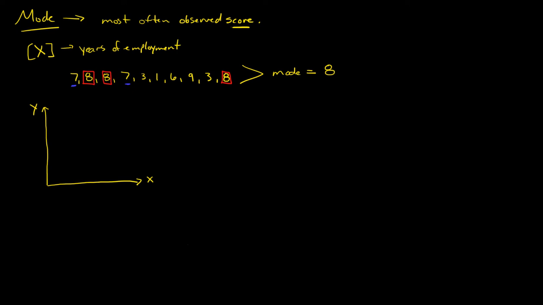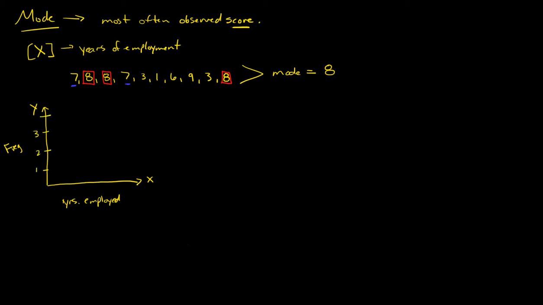My x-axis is going to equal my raw scores, so this is going to be years of employment. And the y-axis is going to be frequency. We don't have a frequency any greater than 3, so maybe I'll just put 4 ticks on here. 1, 2, 3, 4.